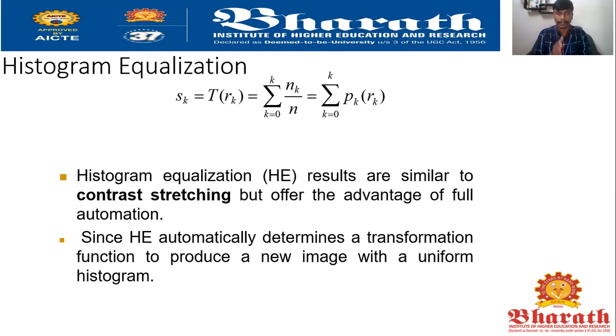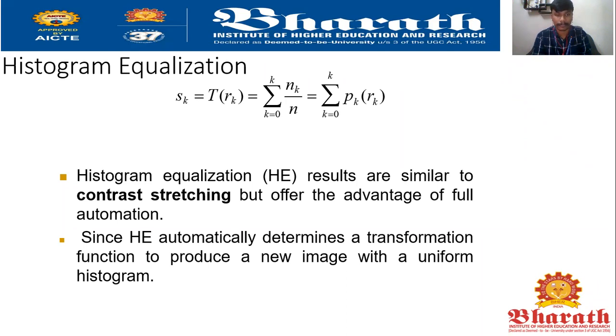Again, I'm repeating, this is the formula for histogram equalization, and by proceeding with this formula only, you can acquire the information of a medical image or a digital image with the graphical representation.